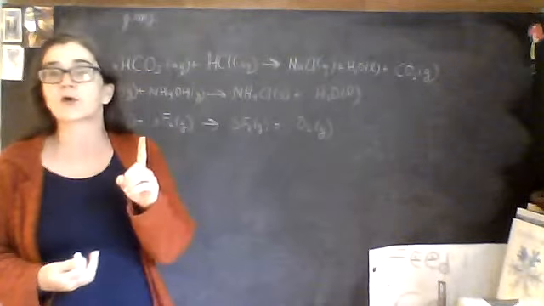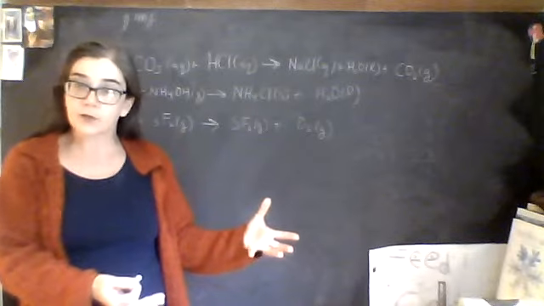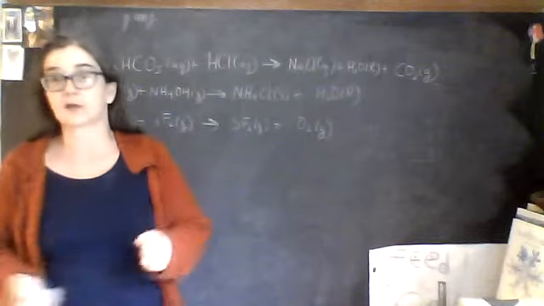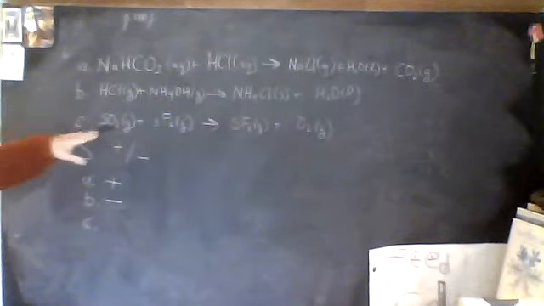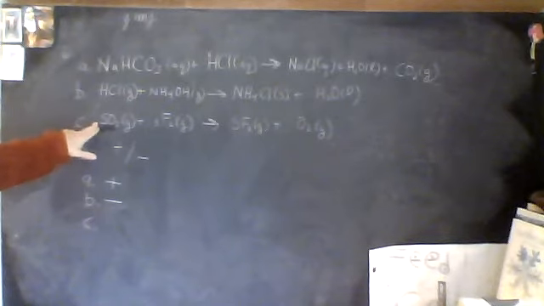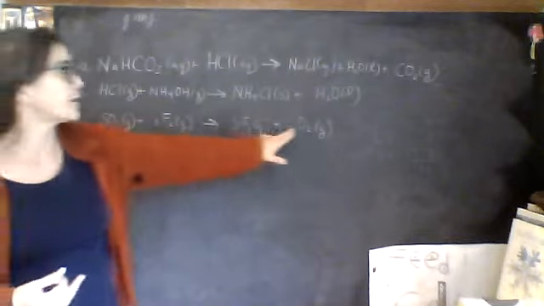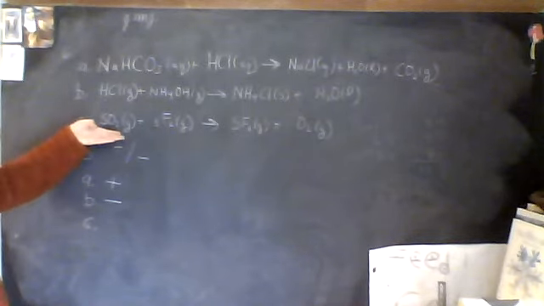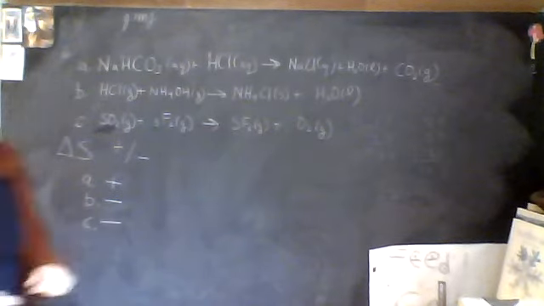We're going to look at the number of molecules of each, because whichever has more molecules of gas is going to have more entropy than the other side, okay? Since they're all gases. So if we look at this, how many molecules do we have? 1 and 3 and 1 and 1. So this side has more entropy, so it's going to be a negative sign. Okay? And that is it for number 6.